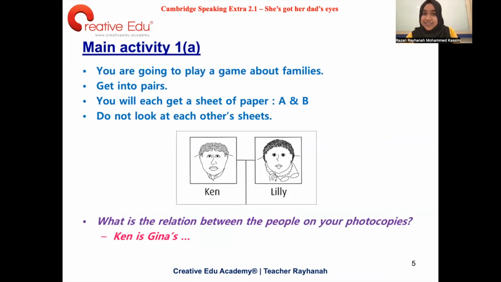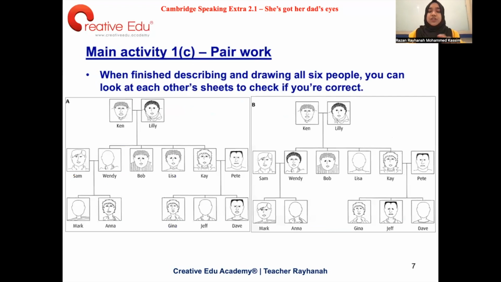So our activity for the day is you are going to play a game about families. So we are going to get you into pairs, and each of you will get a sheet of paper. Okay, so there's 2 types of papers. There's A and B. Do not look at each other's sheets, okay? So the sheets are going to look like this.